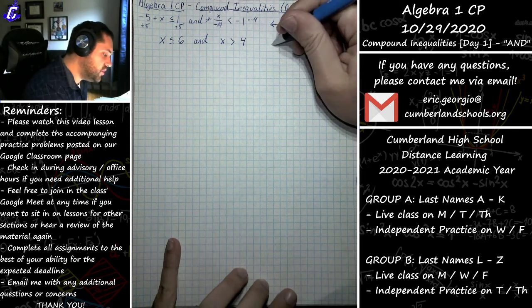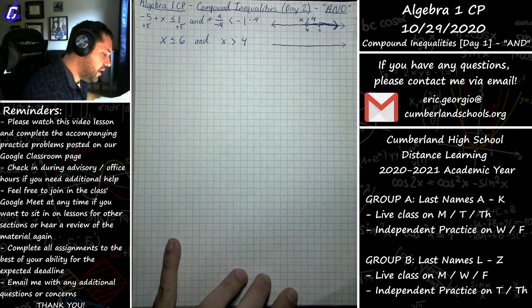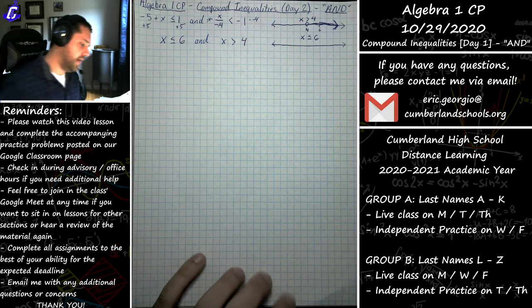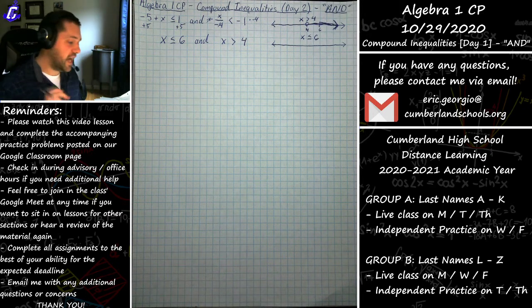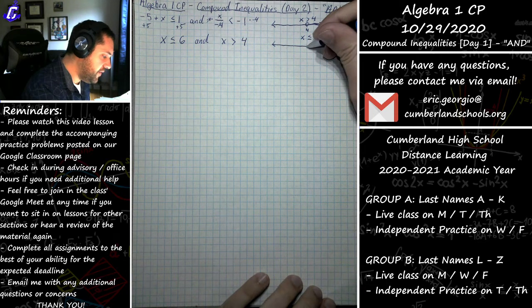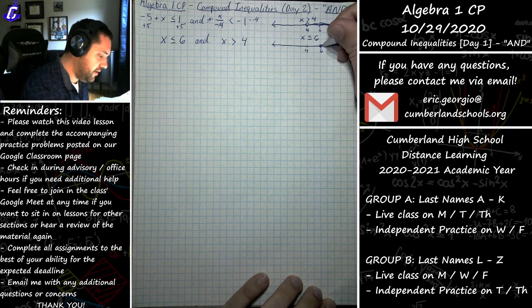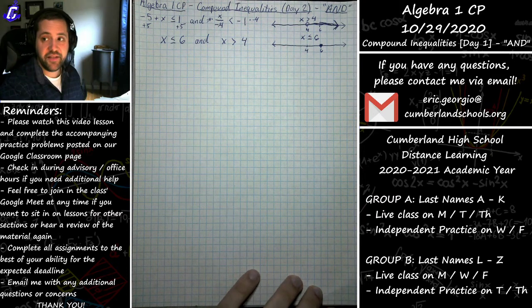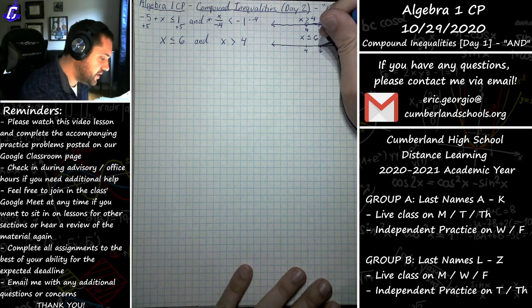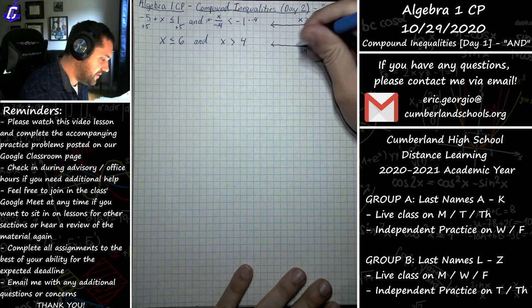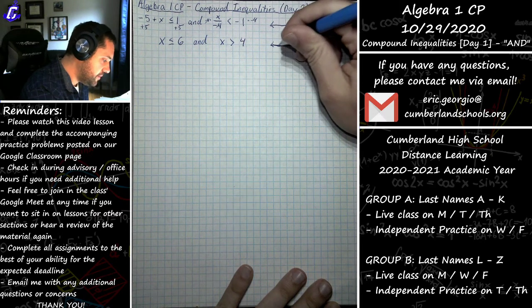Think about now just graphing the inequality of x is less than or equal to 6. If I'm focused just on that inequality now, if this is 4 and this is 6, that's going to be all the stuff from here, which would be a shaded-in circle because it is less than or equal to, going now to the left, all the way over there.